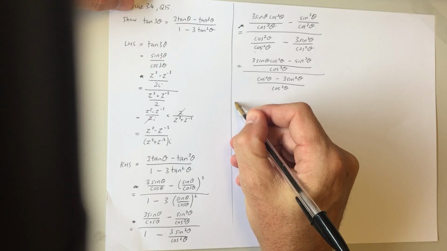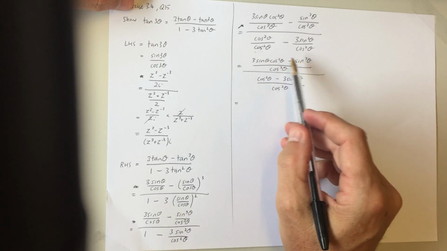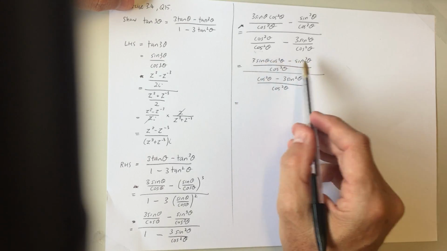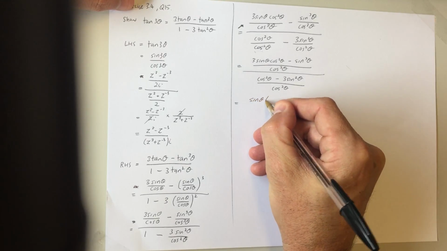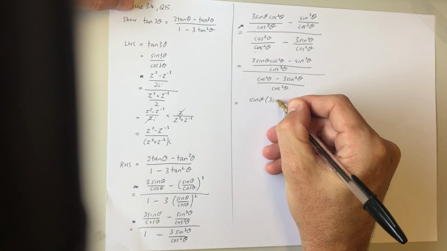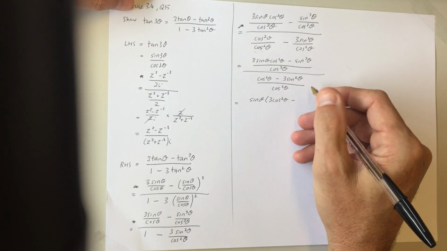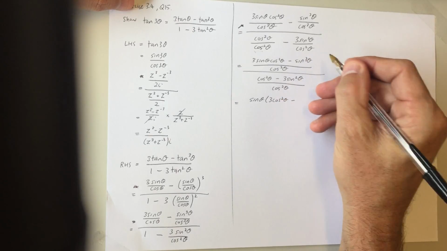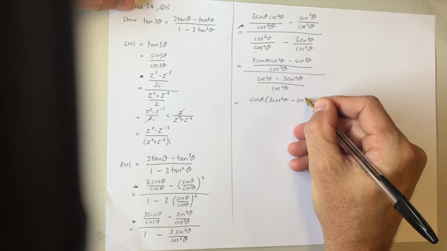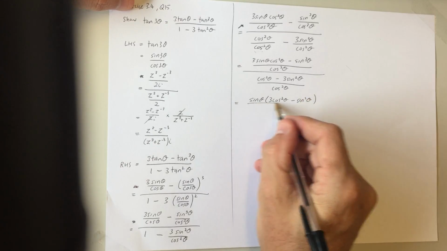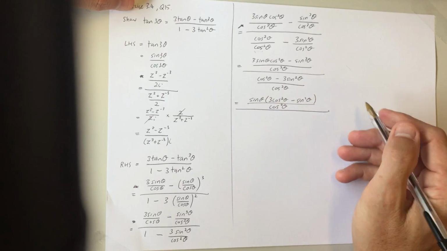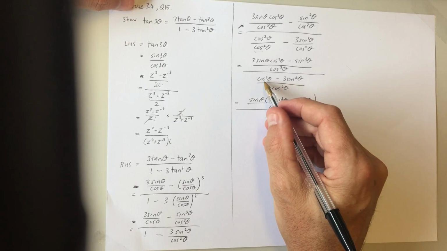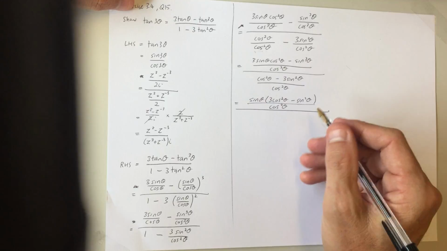Alright, if possible, factorise. So I can factorise this numerator here. We can take out a sine theta, so it's sine theta, all over. We can't simplify that.